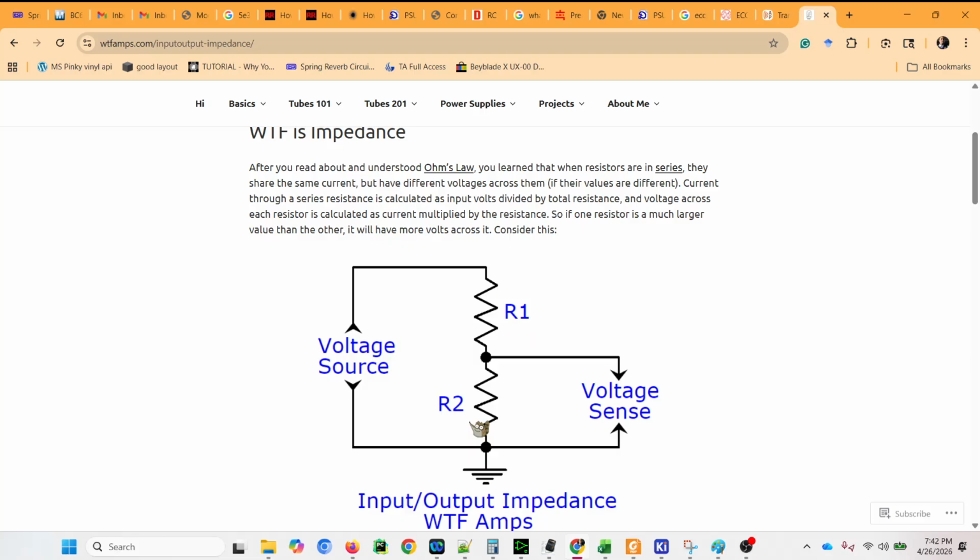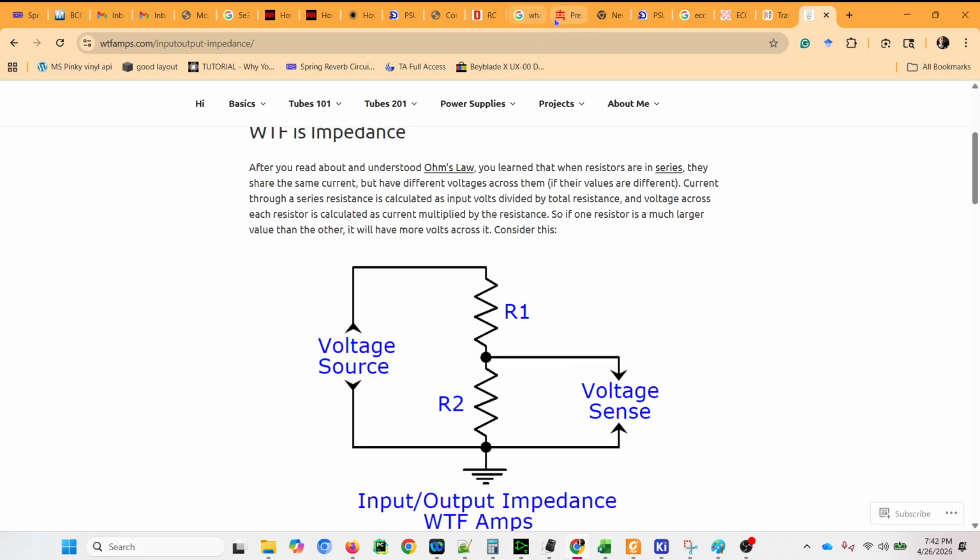Now, we need to figure out a couple of things. I'm going to give you a tool to figure out what that signal loss is going to be. And I'll also give you a tool to figure out what's going to be the impedance to ground for your mic input on your mixing desk, and also the output impedance, or the impedance to ground, that the output of your tube preamp presents.